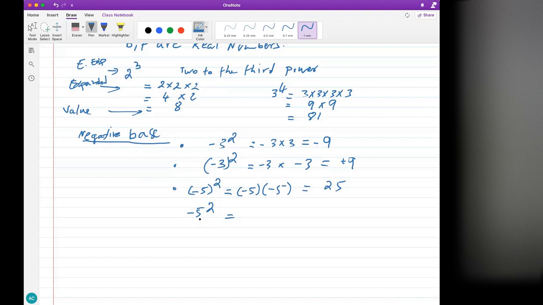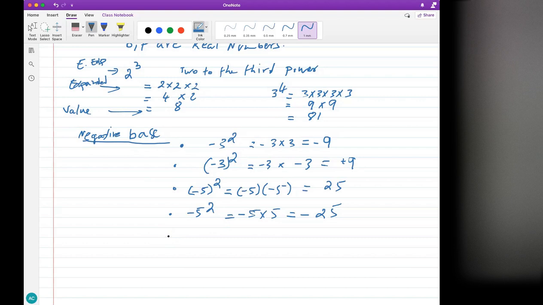What about this one? Minus 5 to the second. It's a negative, and then we say 5 times 5. So you bring the negative over, you expand this, 5 to the second is 5 times 5. Again, that negative will always be there. And you multiply the two, you get negative 25. So these are not the same.